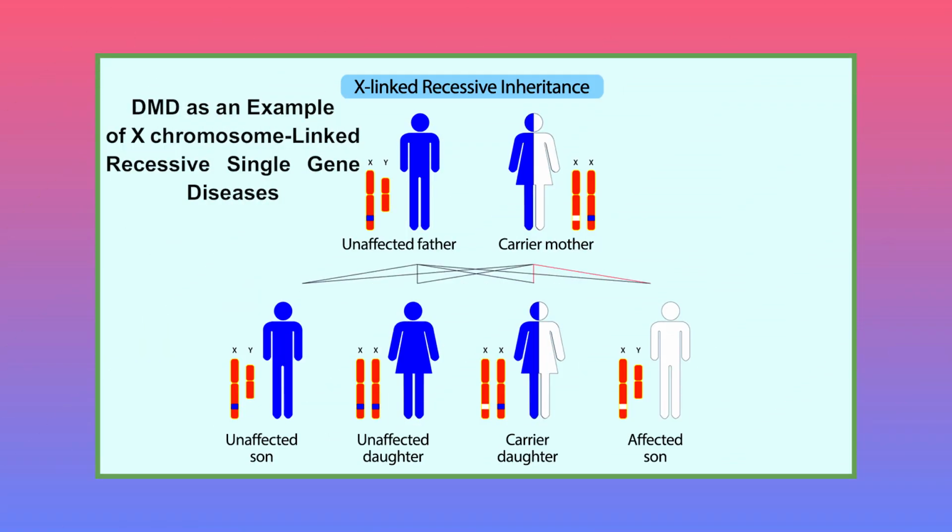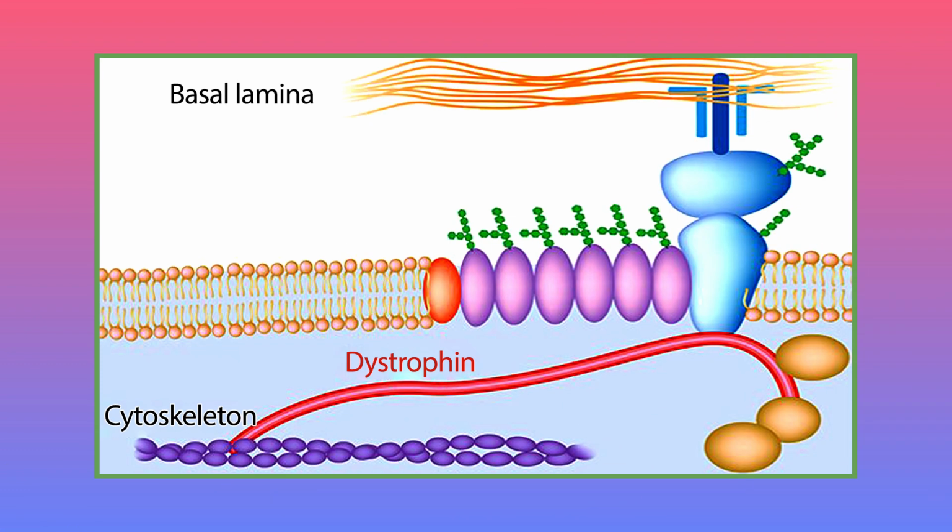In contrast, women are rarely affected by this disease, although they are most often carriers of the mutated gene. Duchenne muscular dystrophy, or DMD, is another example of a single gene disease that exhibits an X chromosome linked recessive inheritance pattern. This condition is associated with mutations in the dystrophin gene itself.